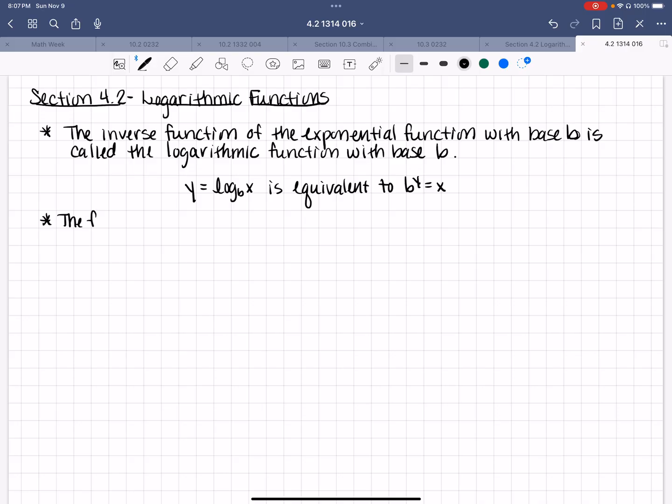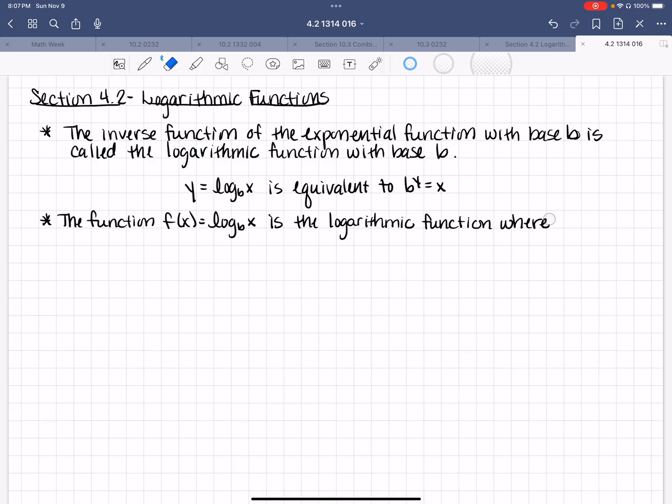The function f of x equals log base b of x is a logarithmic function with base b.